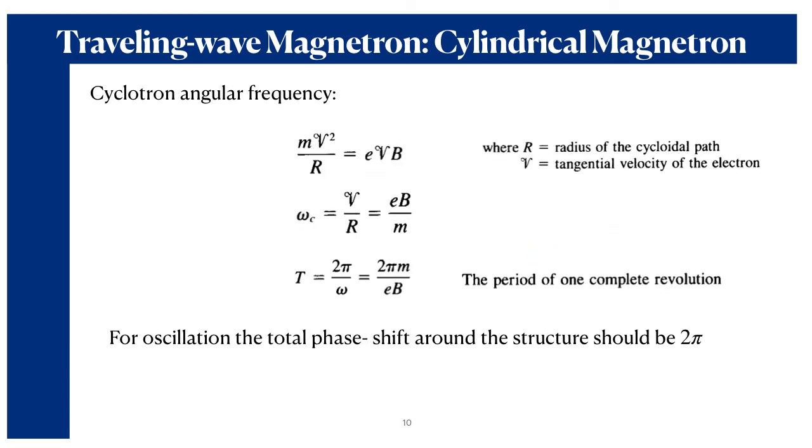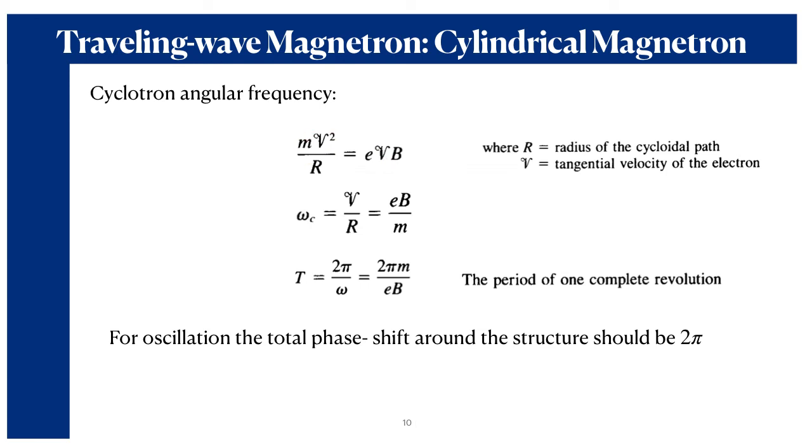Next is the cyclotron angular frequency, which is followed by a known step, because here I need to equate the centrifugal force with the balancing force, which is due to the magnetic field and the total velocity v.